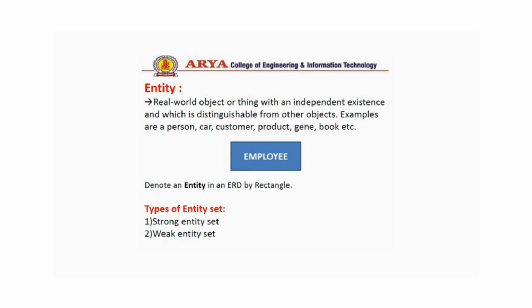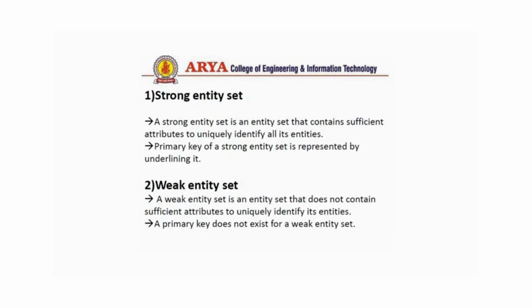A strong entity set is one that has a primary key. It means a strong entity set contains sufficient attributes to uniquely identify all its entities. The primary key of a strong entity set can be represented by underlining it, or by a hash symbol or underline symbol.